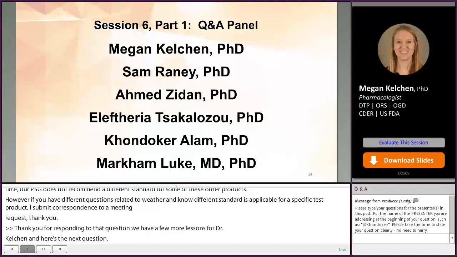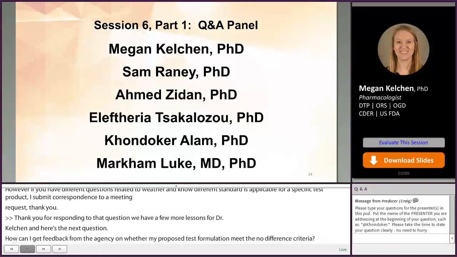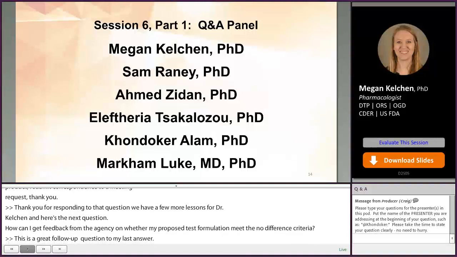So this is a great follow-up question to my last answer. If the PSG for a specific drug product recommends a characterization-based approach, then an applicant can submit a controlled correspondence to determine if their proposed formulation for the prospective generic drug product is suitable for the characterization-based approach that's described in the PSG.